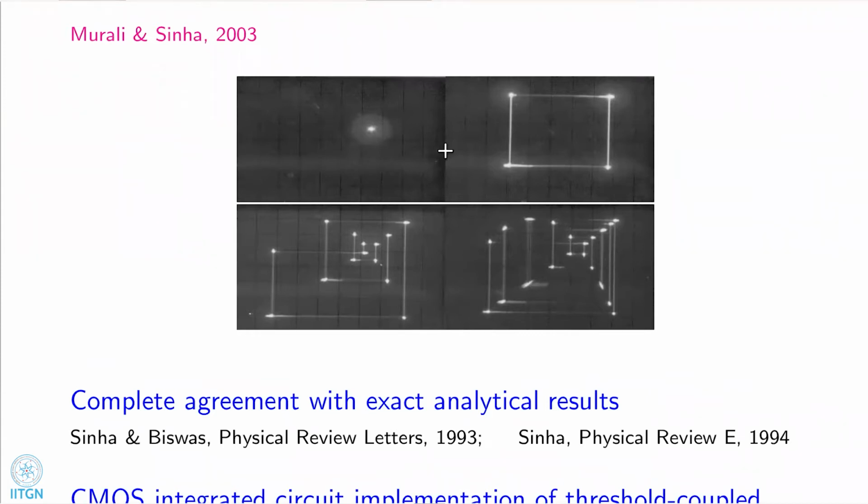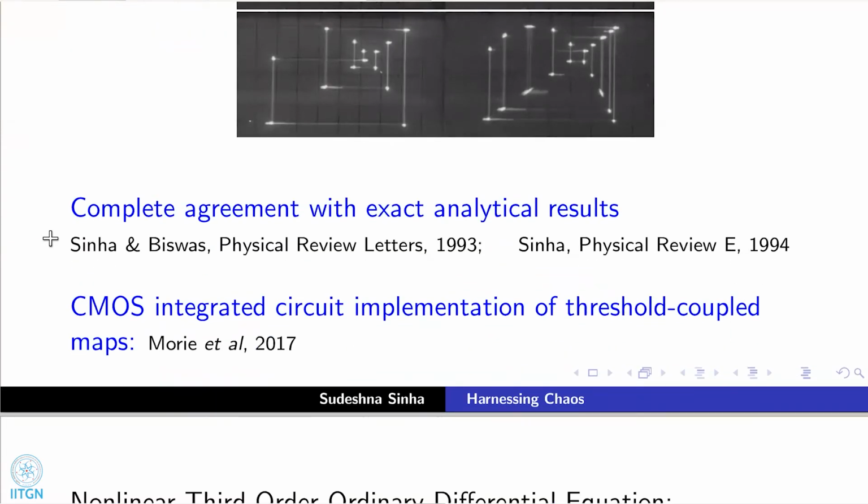Here he's got fixed points, 4 cycles, 1, 2, 3, 4, 7 cycle, I think, and 10 cycle. But people have pushed it beyond this tabletop experiment, and Murali's group told me, already 3 years ago, that they have on a chip 120 of these threshold controlled.